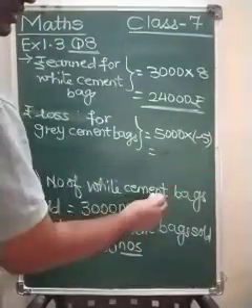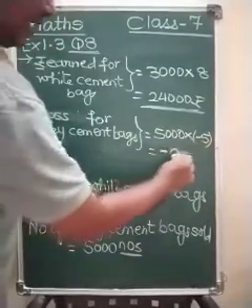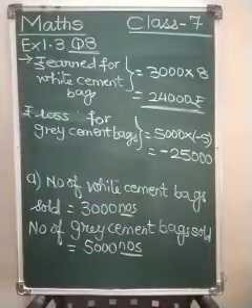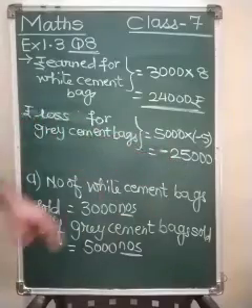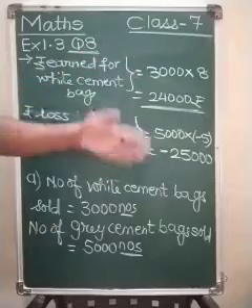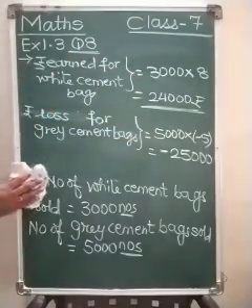So this equals 5 5s are 25, plus into minus is minus 25,000. So the loss is minus 25,000 rupees, the profit is rupees 24,000.